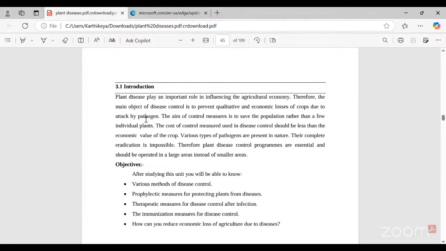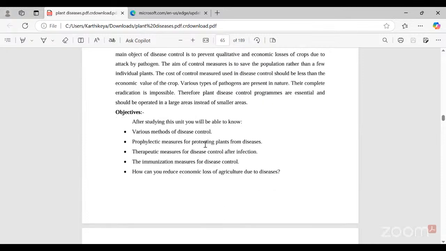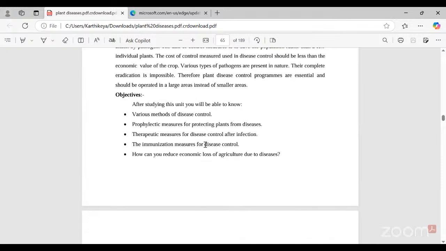The cost of control measures used should be less than the economic value of the crop. Various types of pathogens are present in nature, and their complete eradication is impossible. Therefore, plant disease control programs are essential and should be operated in large areas or small areas.